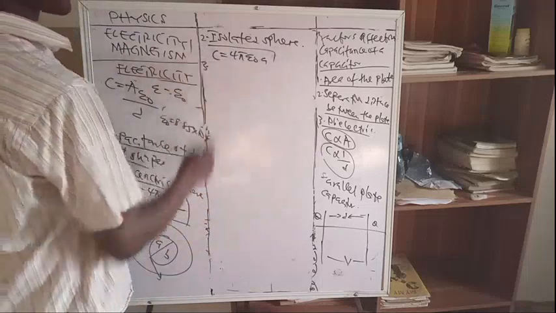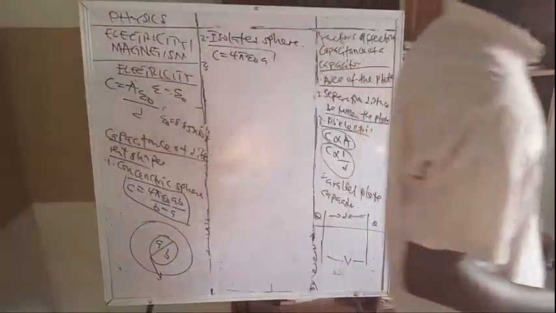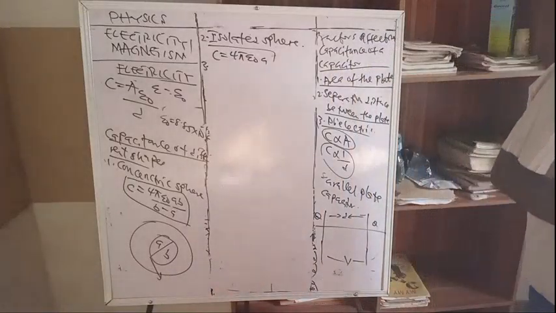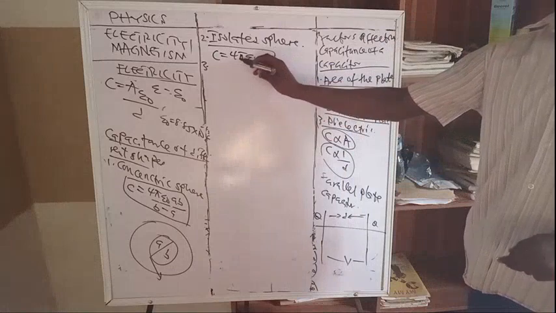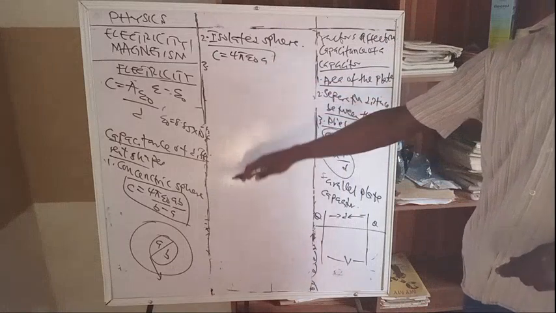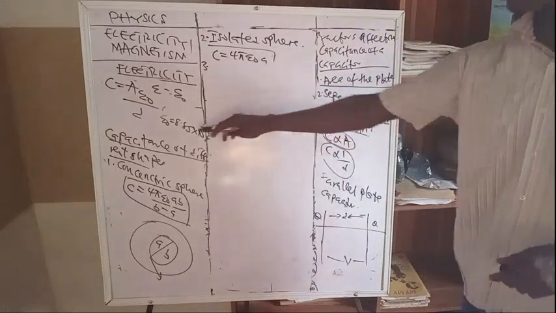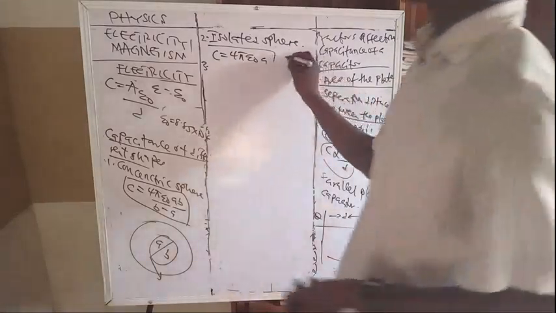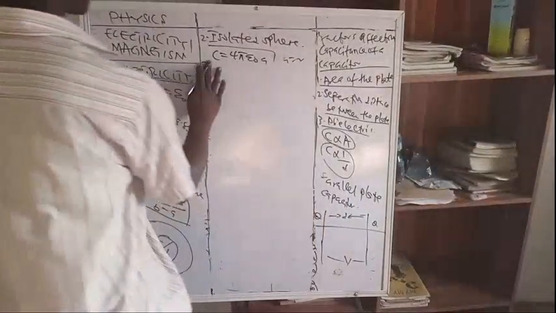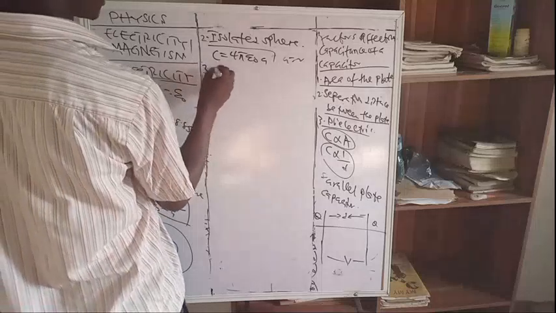Then number three, the third capacitance is the capacitance of an annular cylinder. E naught is the permittivity of free space. I've given the constant already. Then your A is the radius.